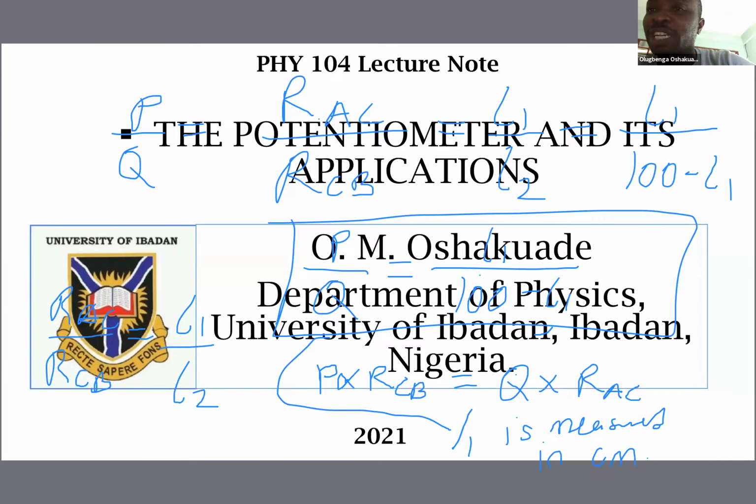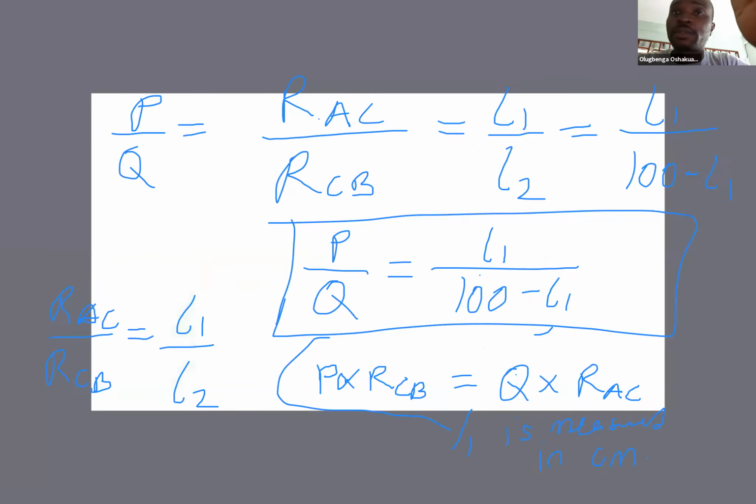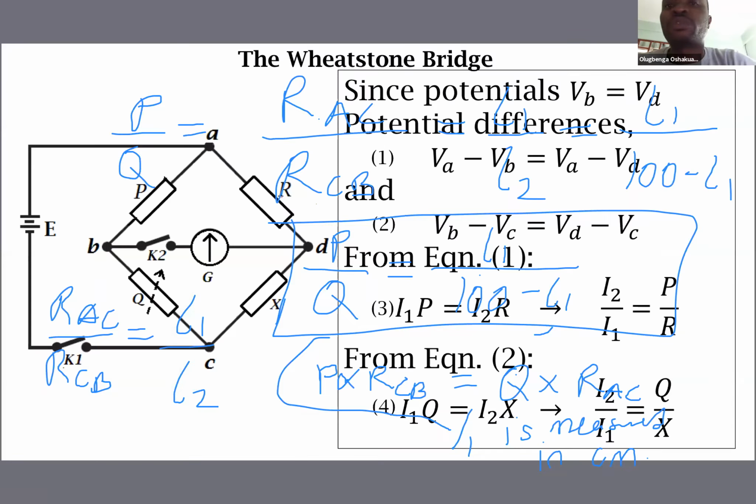So can we also say that the potential at A is the same as the potential at C? Let me quickly look at where A and C are. No, potential at A is not equal to potential at C. Potential at C is ground, it's 0.